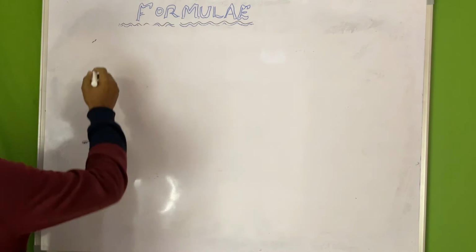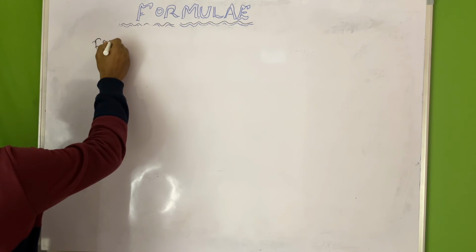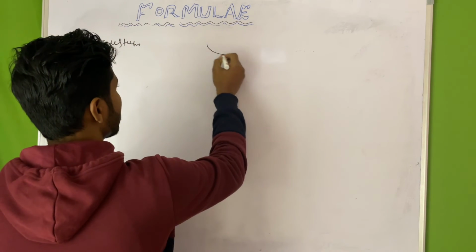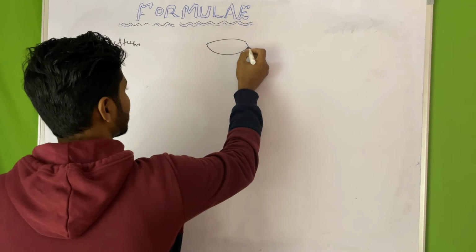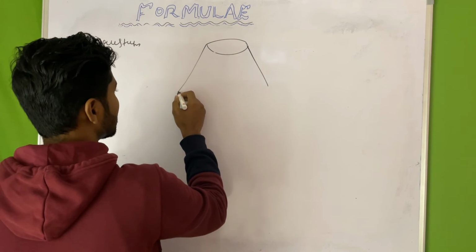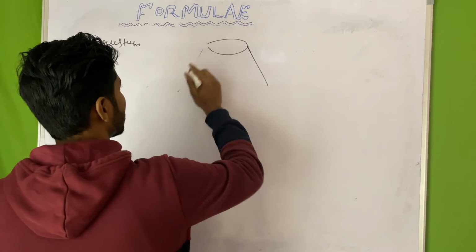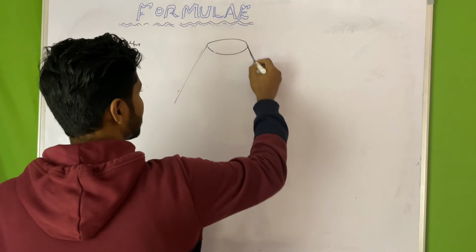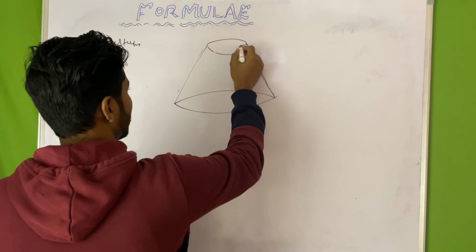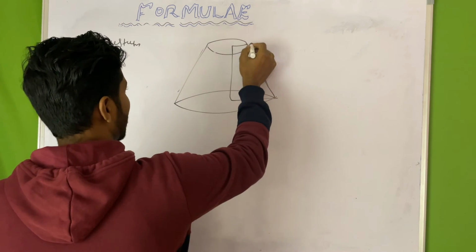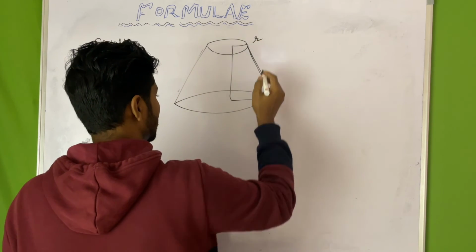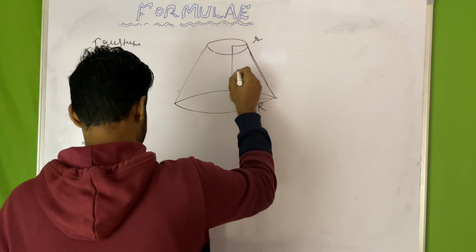Now we have one more diagram, frustum, bucket. This is our bucket. So here we have r. Let us take smaller. This is capital R. This is height.